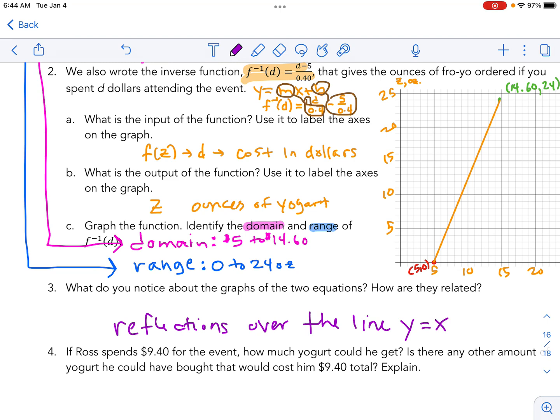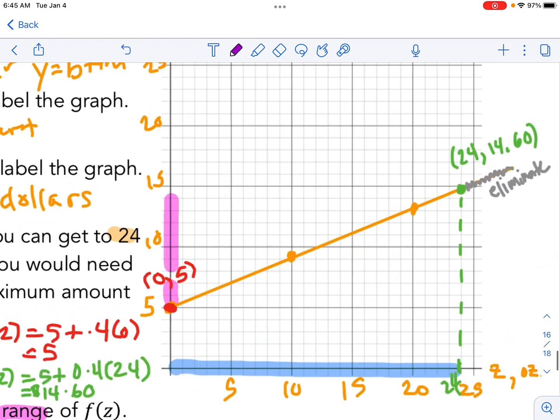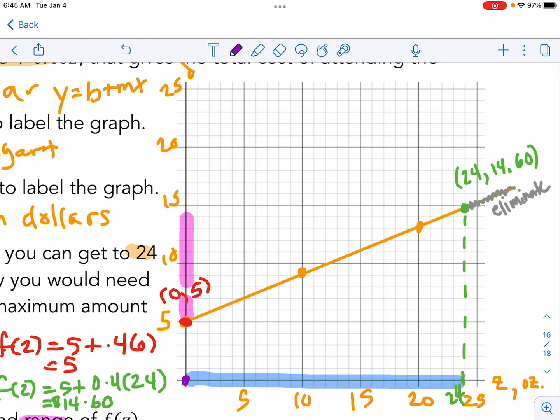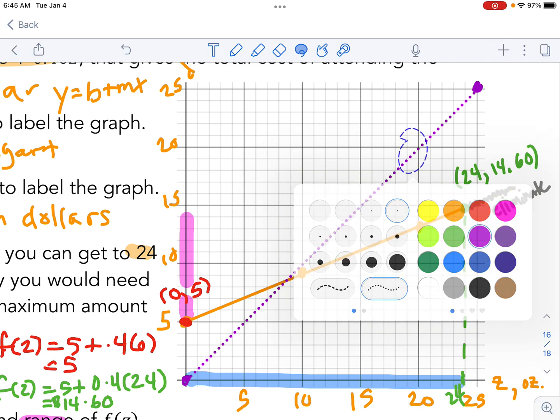And this line y equals x, notice this is the inverse of itself, right? If we swap the x and the y, we get x equals y, which is the same thing. So that line is the inverse of itself. So if we draw that line on each graph, y equals x is just going to be every x value matches every y value. And then I'm going to change that style to a dashed line, maybe a dotted line.